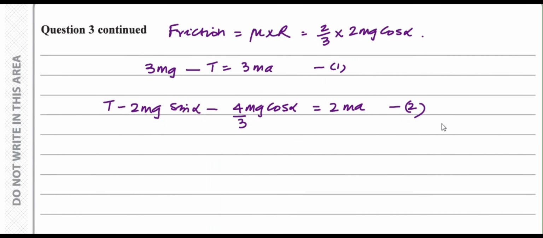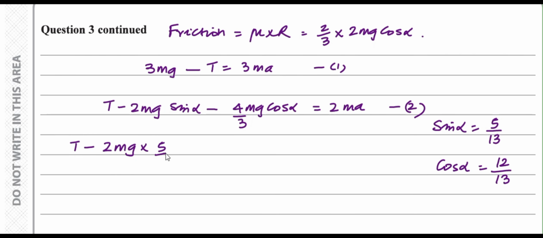We also know that sin alpha is equal to 5 over 13 and cos alpha equals 12 over 13. Putting this into equation number 2, we get T take away 2 mg times 5 over 13 minus 4 over 3 mg times 12 over 13 equals 2 ma.